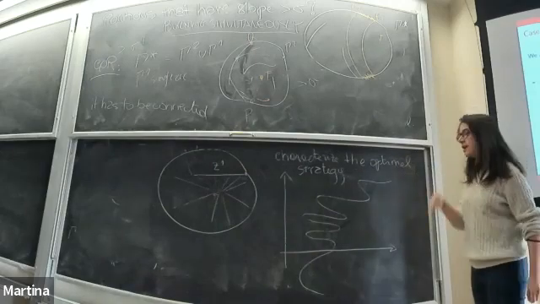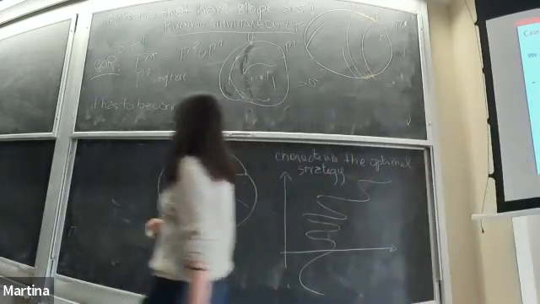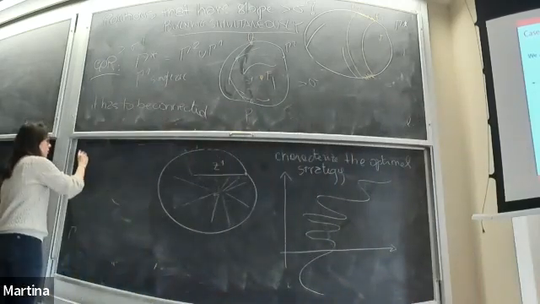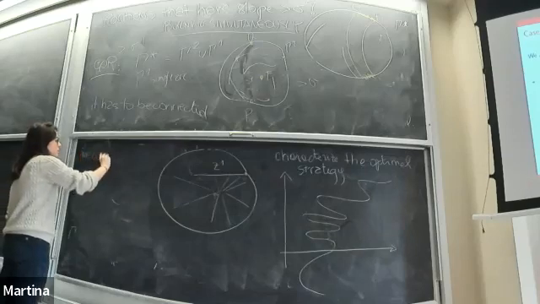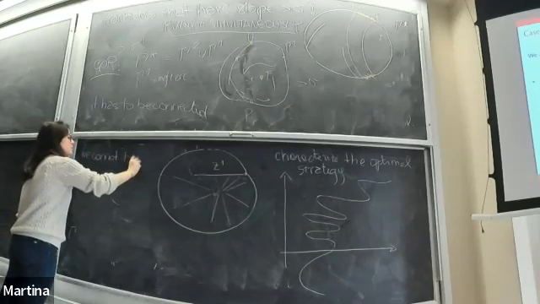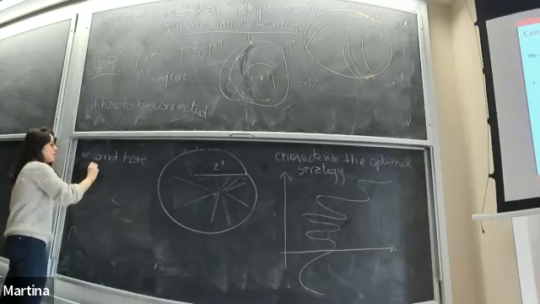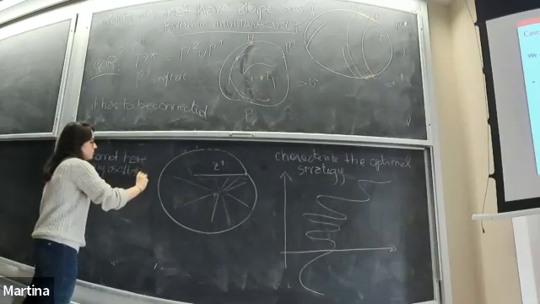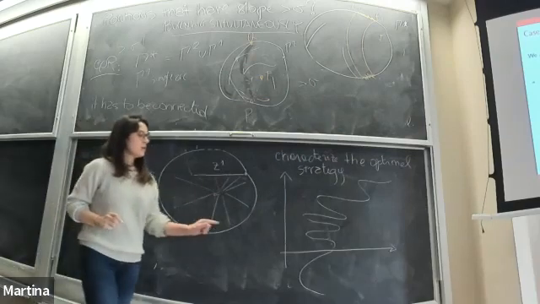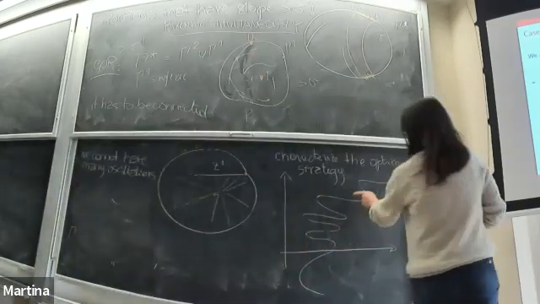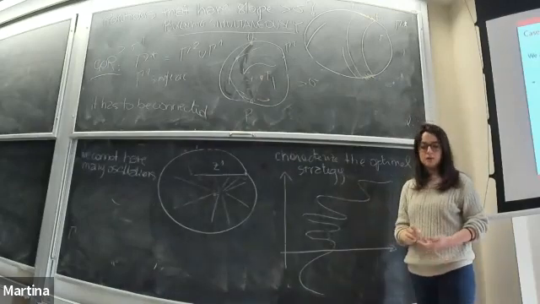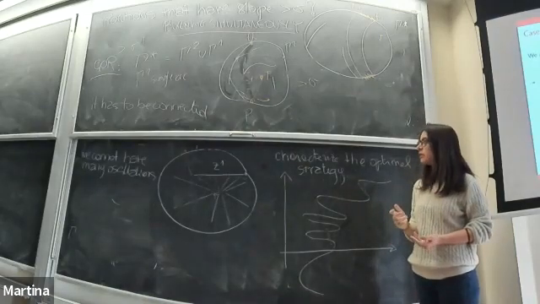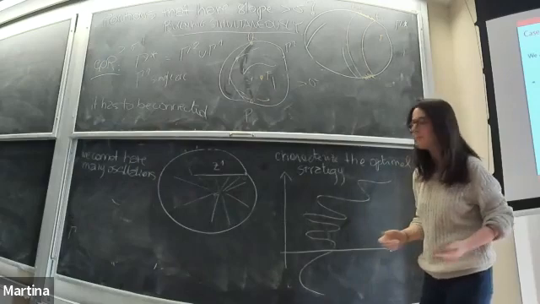Okay, the main idea is that we cannot have many oscillations. So this kind of thing cannot occur in the optimal strategy, but I do not have time to explain why.